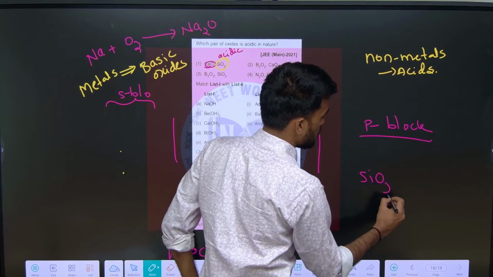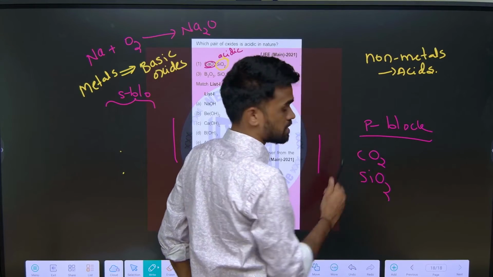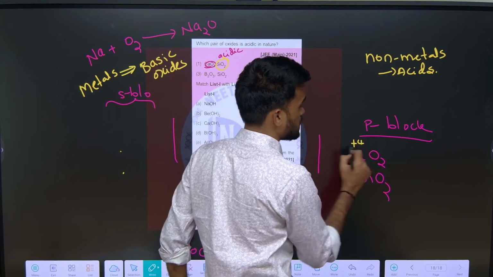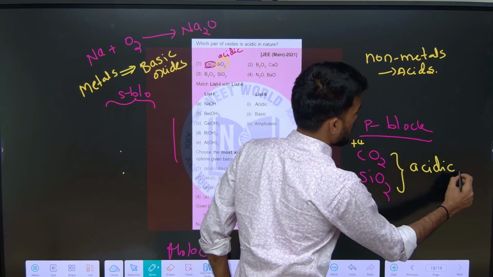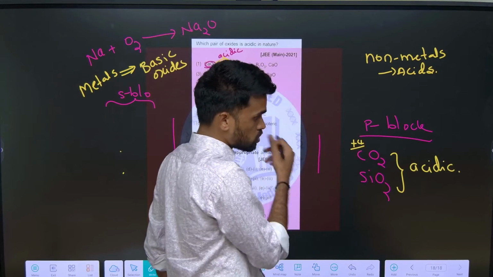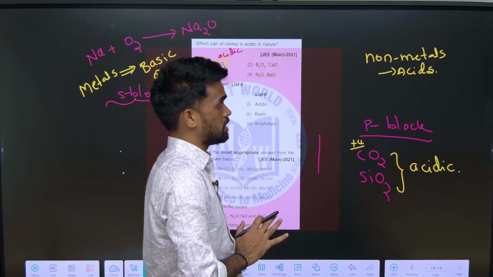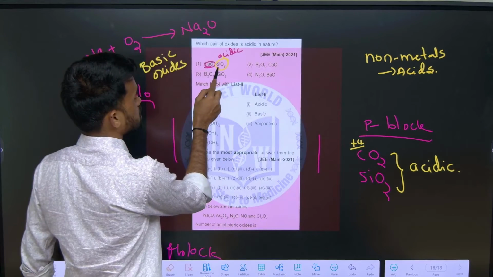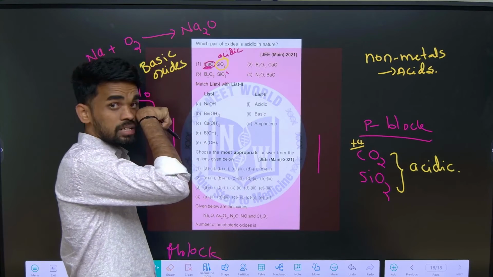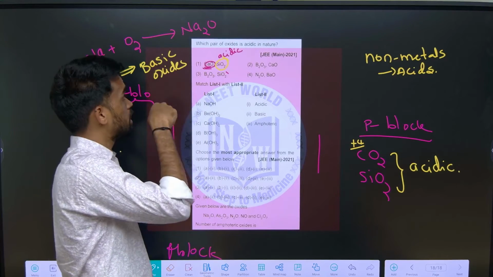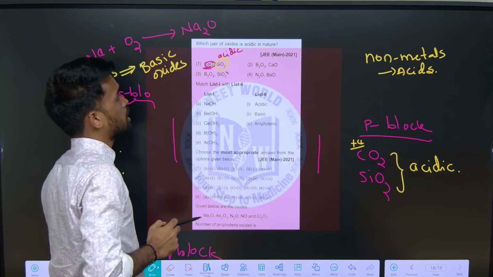Silicon dioxide and carbon dioxide are in +4 oxidation state, so both of these are acidic oxides only because they are already in maximum oxidation state. Silicon dioxide is acidic but calcium oxide is basic, because calcium is an alkaline earth metal, which forms only basic oxides.